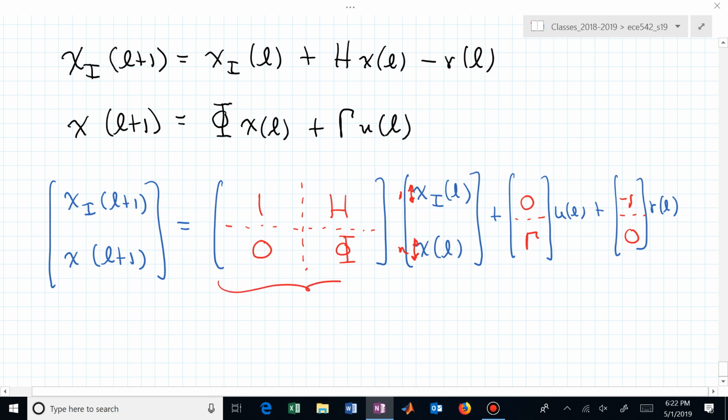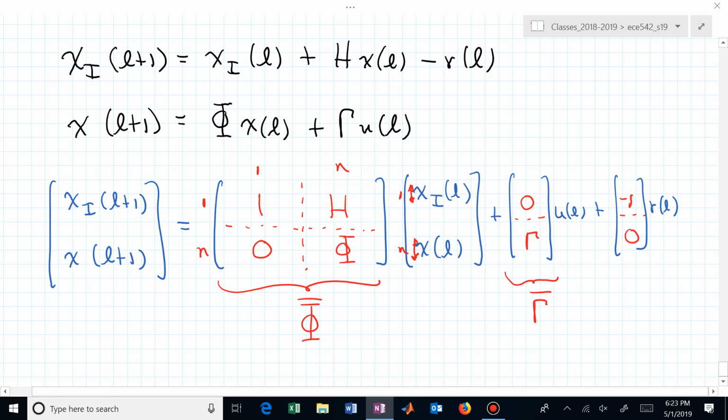So if we wanted to call this, we could say, here's our augmented system matrix, phi bar. Here's our augmented input matrix, gamma bar, and you can find the dimensions of those. This is now 1 by 1. This is n by 1, so that 0 is in fact a column of zeros, a column that's n components tall.